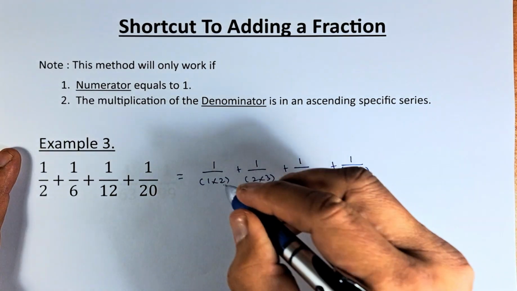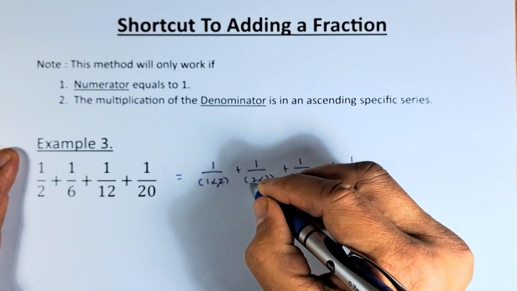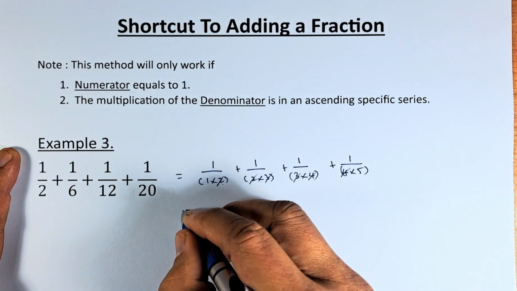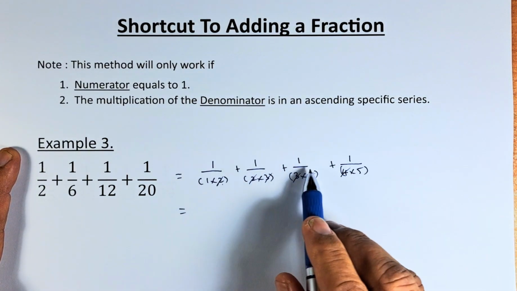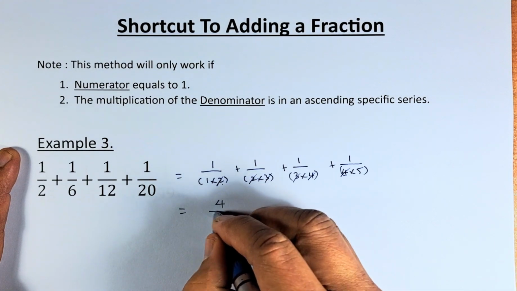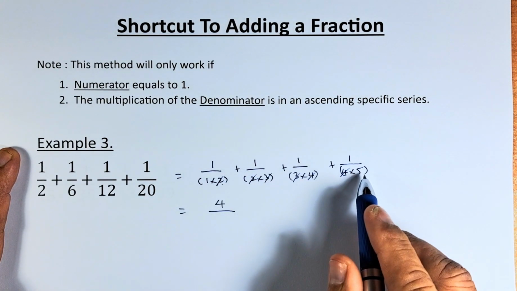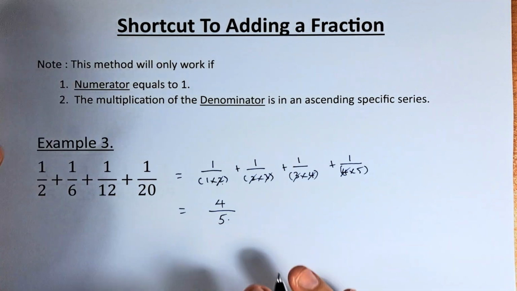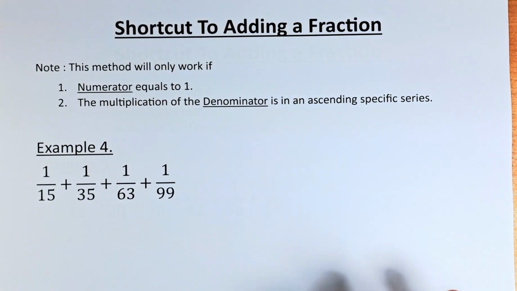So now we can cancel the inside numbers, 2 and 2, 3 and 3, 4 and 4. So what happens is that you add the numerators, 1, 2, 3, 4, and it's going to be 4, and the denominator is going to be 1 times 5, and the answer is 4/5. Cool, isn't it?